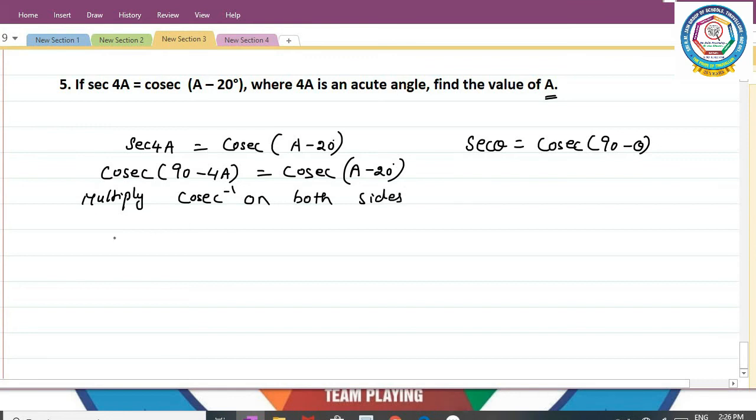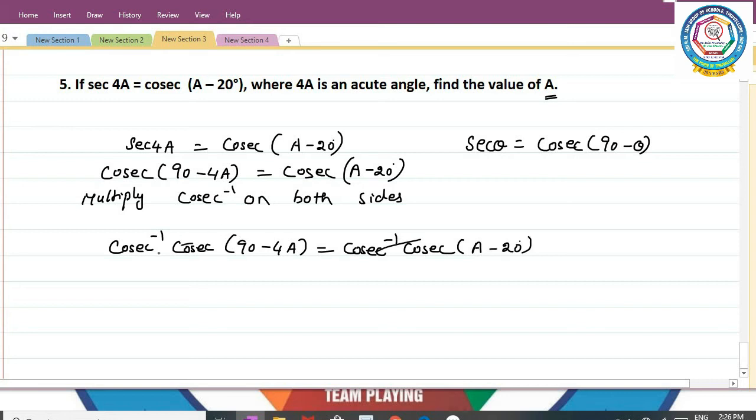Therefore, cosecant inverse of cosecant of (90 minus 4A) equals cosecant inverse of cosecant of (A minus 20). Here cosecant inverse and cosecant cancel. So the remaining is 90 minus 4A equals A minus 20.